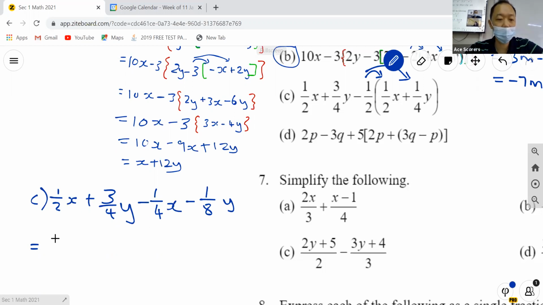Half take away 1/4 is 1/4. And then after that, you can use your calculator here. So 3/4 y take away 1/8 y is equal to positive. You see, this is 6/8, so 6 minus 1 is 5/8 y. That's the final answer. Right, for C, it's just 1/4 x plus 5/8 y.